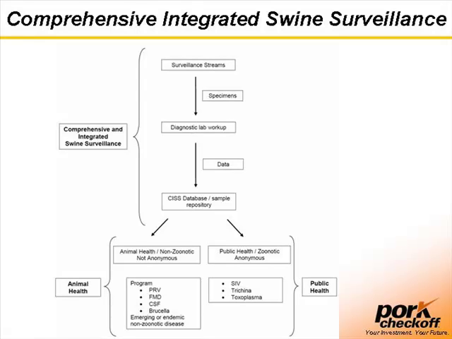Those lab workups could be anything from VIs to PCRs to whatever ELISA test you're going to run in serology, whatever is the appropriate tests. And then that data would go to a comprehensive and integrated surveillance data warehouse.